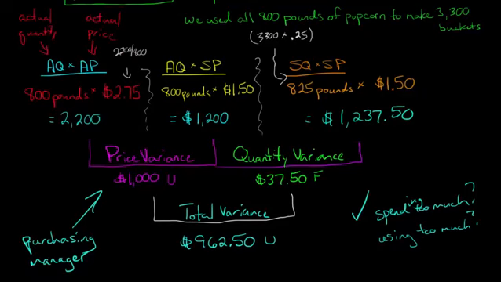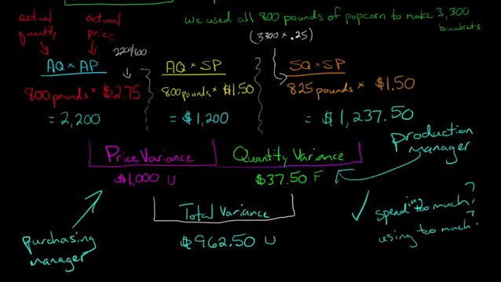And then when we think about the quantity, with a larger firm, we think of somebody like a production manager who is going to have more influence and control over how much material we use to make our products, right? Now, with something like a movie theater, it might be the same manager, just the general manager responsible for both.